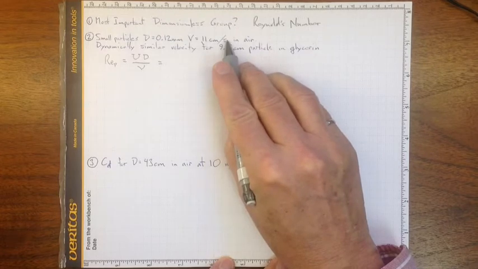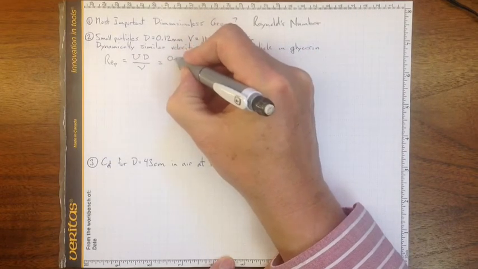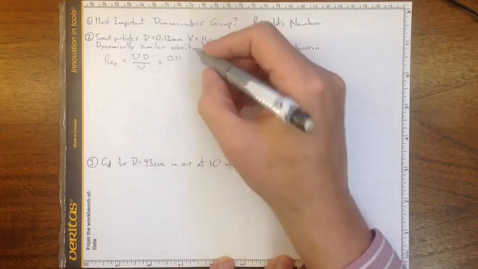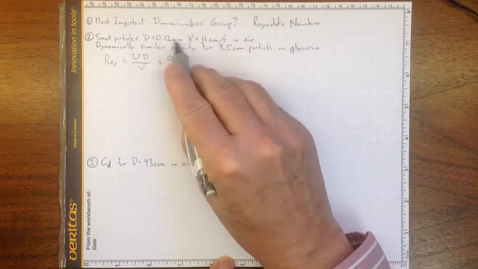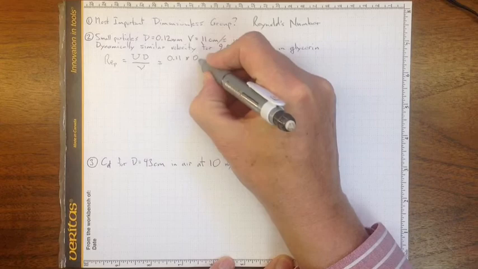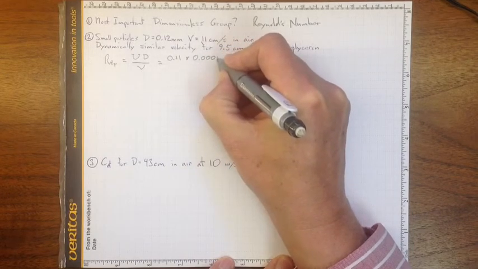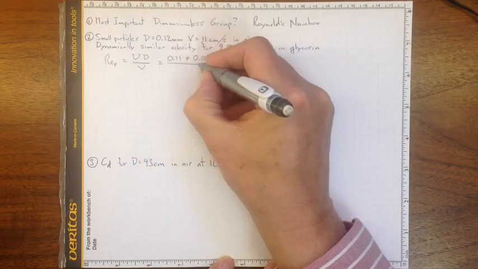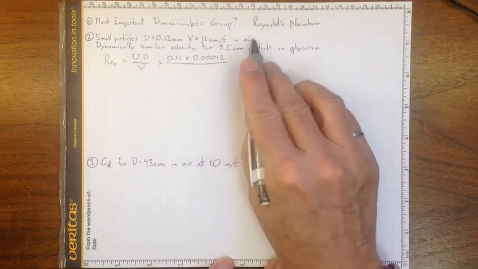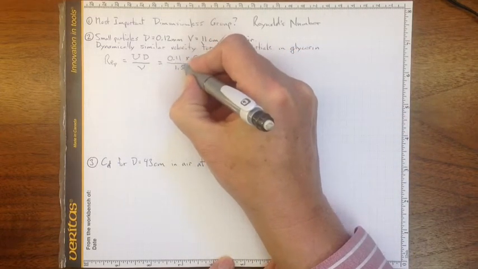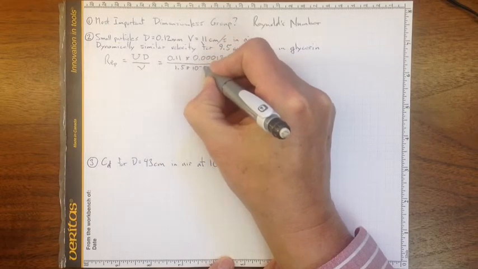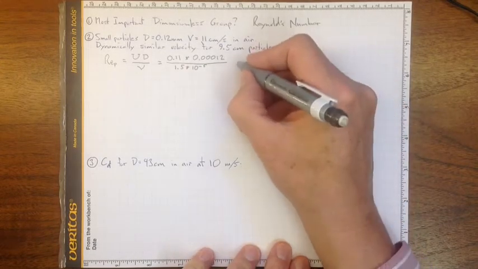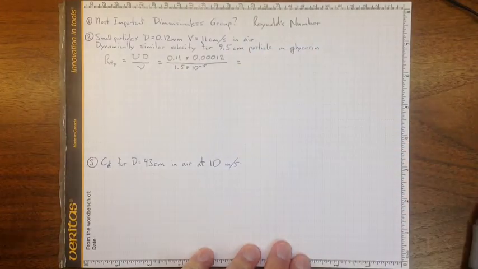That is 11 centimeters per second, so that's 0.11 meters per second, times the diameter in meters, that's 0.12 millimeters, or 0.00012 meters, so we're getting all of this into consistent units, divided by the kinematic viscosity in air, which is about 1.5 times 10 to the minus 5 meters squared per second.